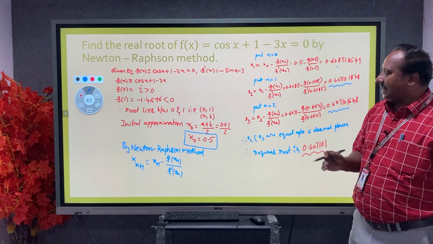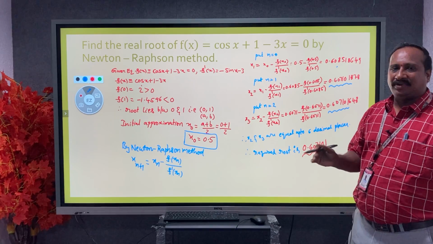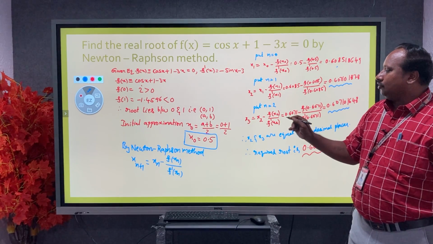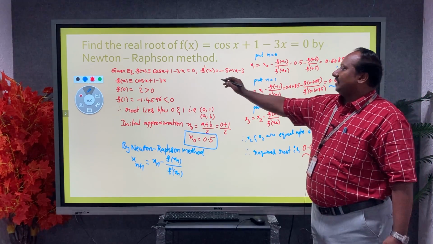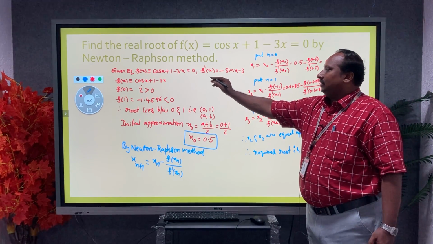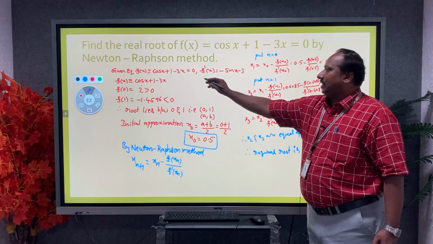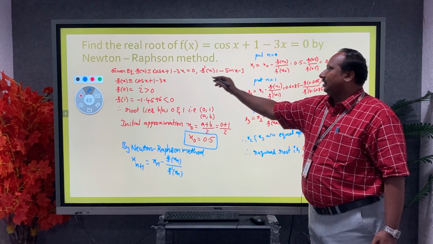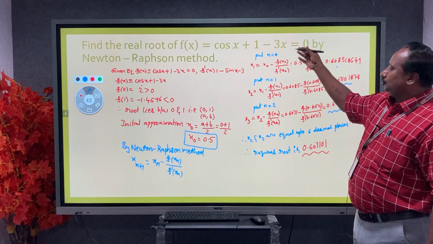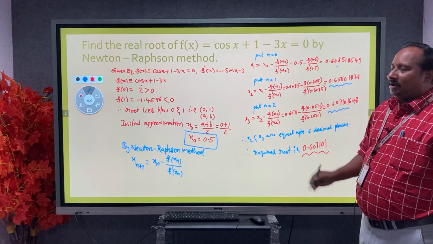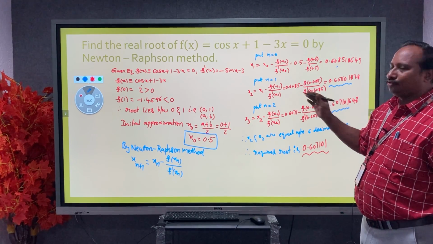x n plus 1 equal to x n minus f of x n by f dash of x n. For the Newton-Raphson method we need f dash of x. So take f of x and calculate f dash of x. The derivative of cos x is minus sin x, the derivative of 1 is 0, the derivative of minus 3x is minus 3. Now by putting n equal to 0, 1, 2, 3 and so on, we get the values x1, x2, x3 and so on.